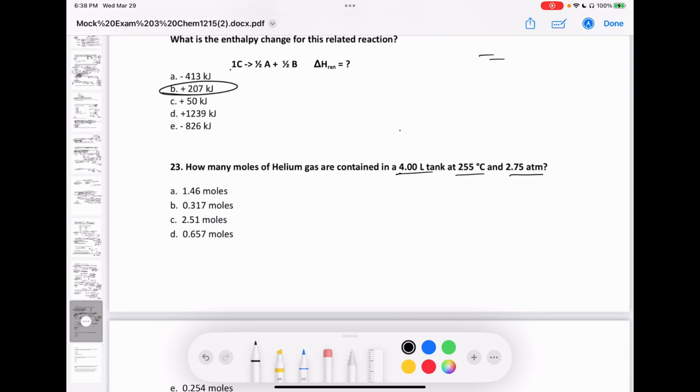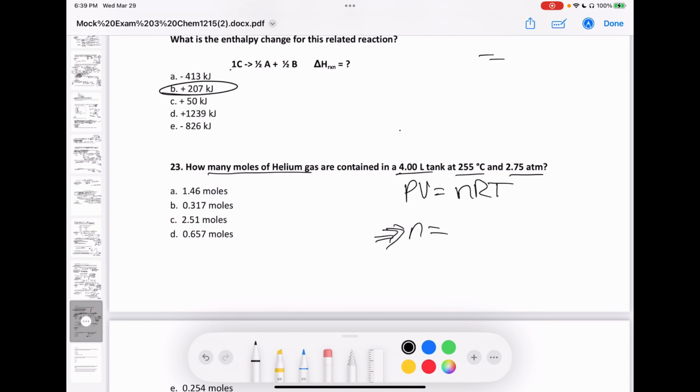And the one equation that we've been using this entire quarter, in preparation for this exam, is the ideal gas law, PV equals nRT. And the question is asking for moles of helium gas, so we just move everything around to solve for n and isolate it.